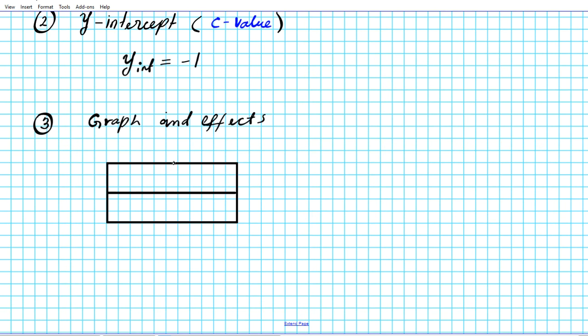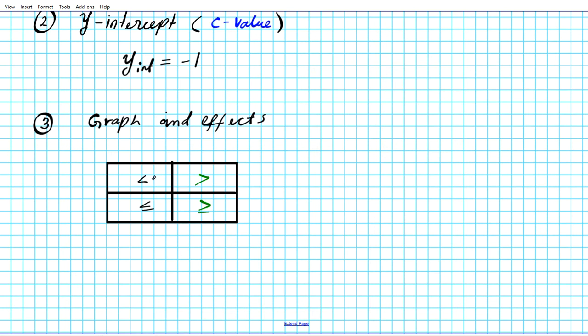So let's say we have the four main inequalities that we're going to be looking at in this unit. You either have less than or equal to. You have greater than or equal to.